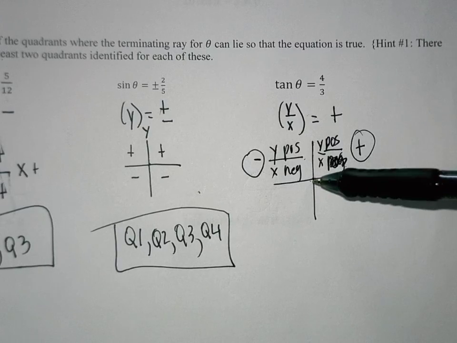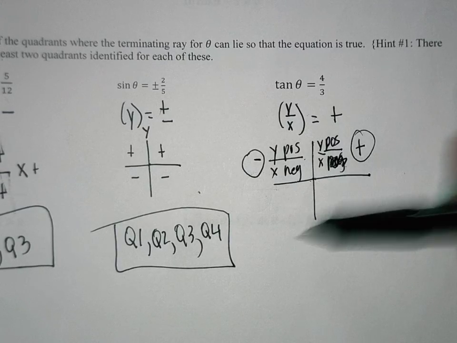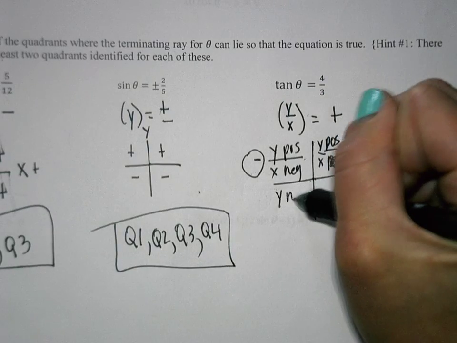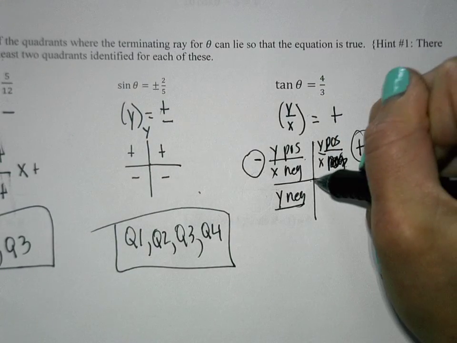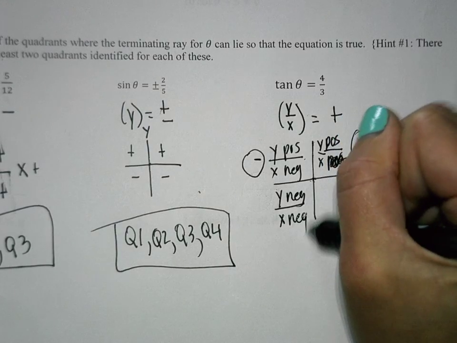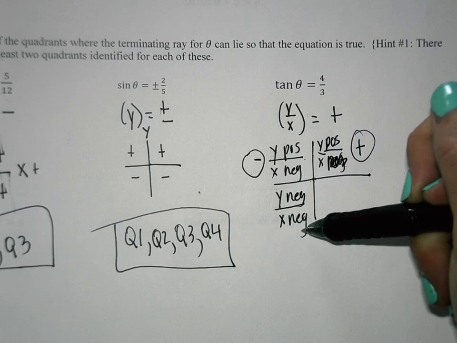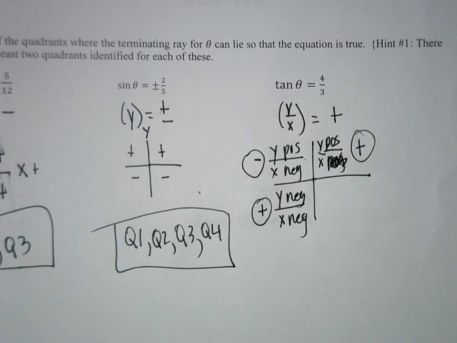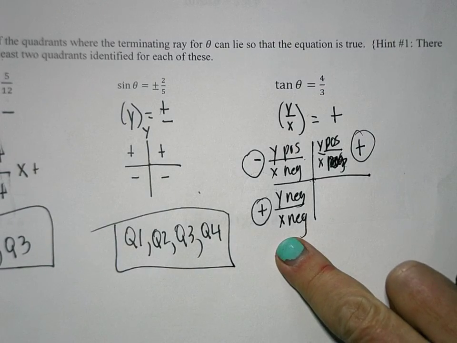Going down to quadrant 3. In quadrant 3, we're going down on the y. So y is negative, and we're going left on the x-axis, which means that x is negative. But a negative divided by a negative makes a positive. So tangent is positive in quadrant 3.